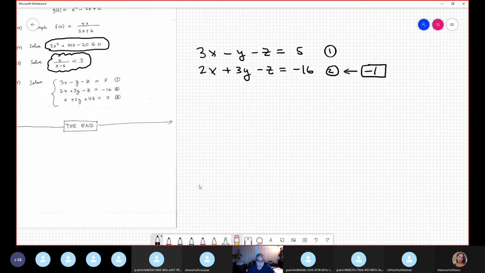So my new equation 2 now is -2x minus 3y plus z, which is exactly what we need, because in the first one we have negative z, and in the second, after the multiplication, we have positive z. So it's ready. This is -16. And this is the new equation 2 after the multiplication. It's equivalent to the original. And temporarily, I ignore this a little bit, because I suppose I never use it anymore.